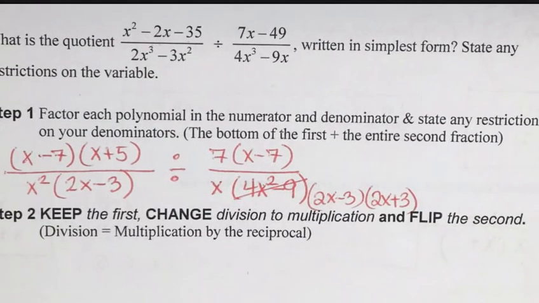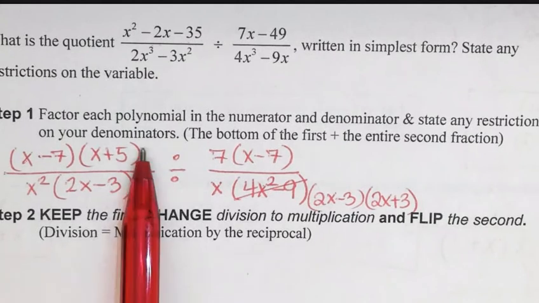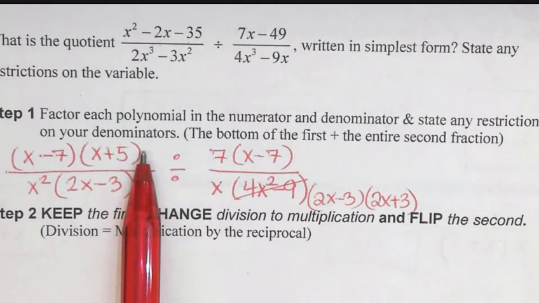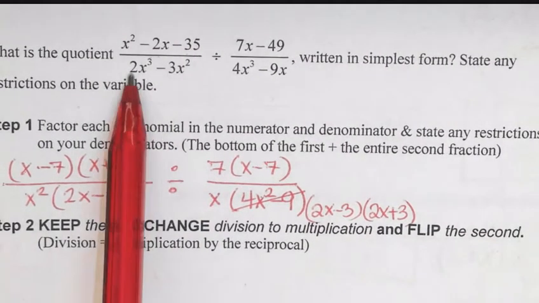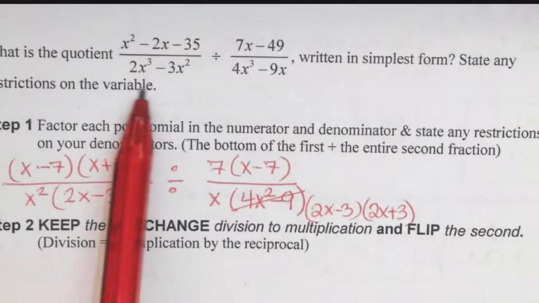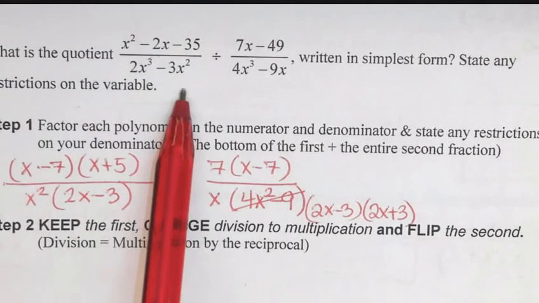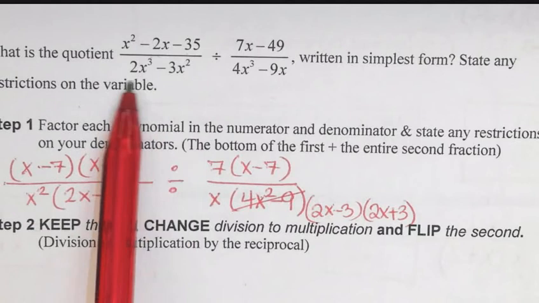Now, look at all... Folks, I need your attention, please. The denominators. Think about this. I'm dividing 2 fractions. Who's the denominator in this first fraction? The denominator, this guy right here, right?